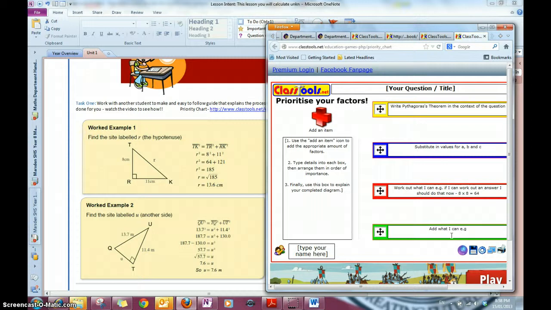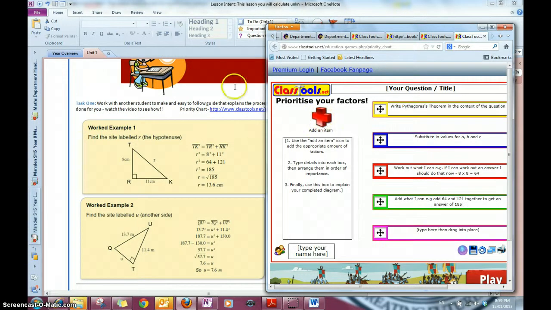So e.g. in this problem we had to add 64 and 121 together to get an answer of 185.